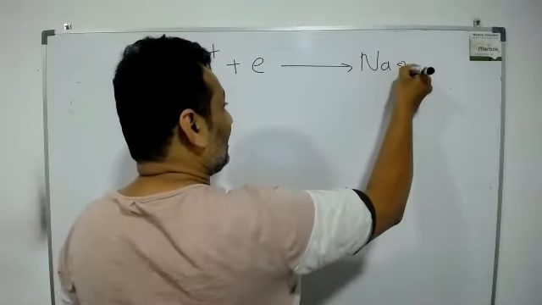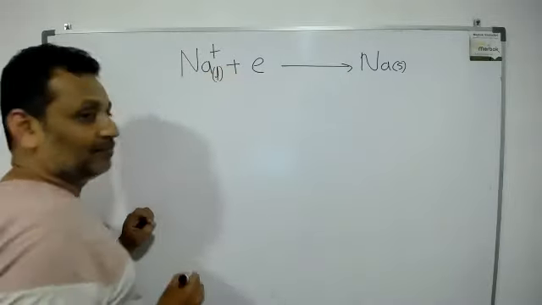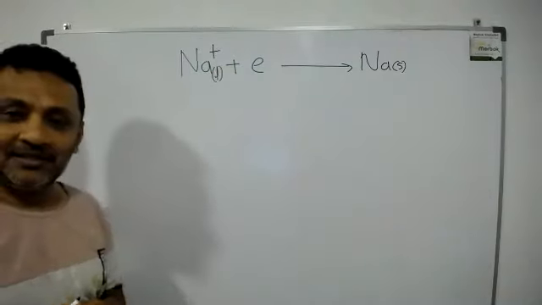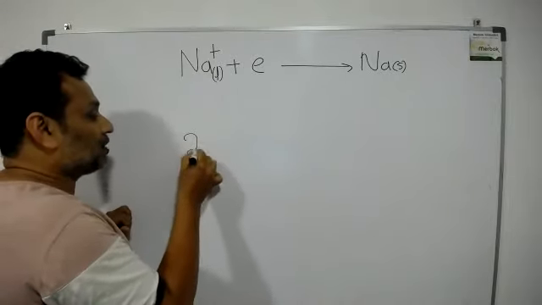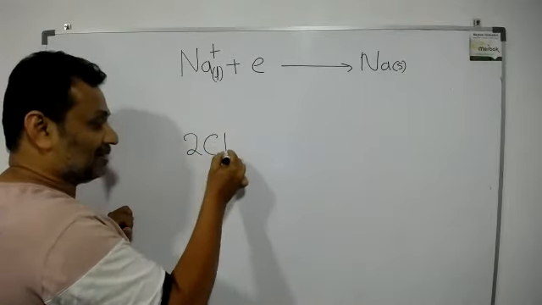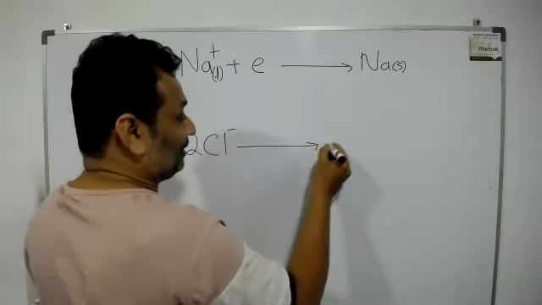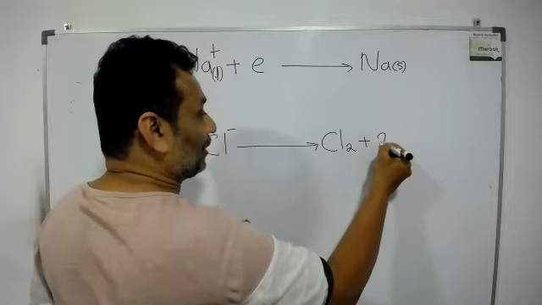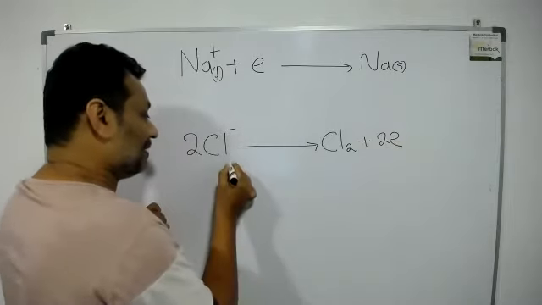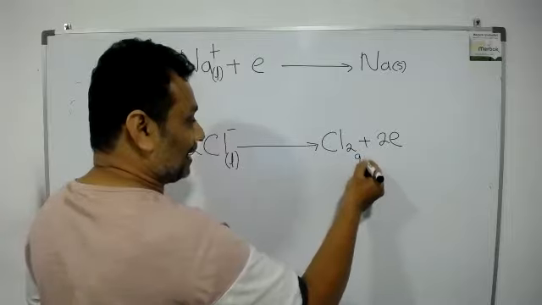This is solid. This is liquid. This is the reduction reaction. 2Cl minus becoming Cl2 and 2 electrons. This is liquid. This is gas.